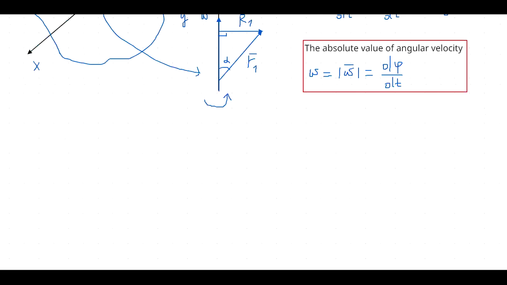If we have the rotation the same as a right screw, in this case we have this direction, or we have another direction if the rotation is this.